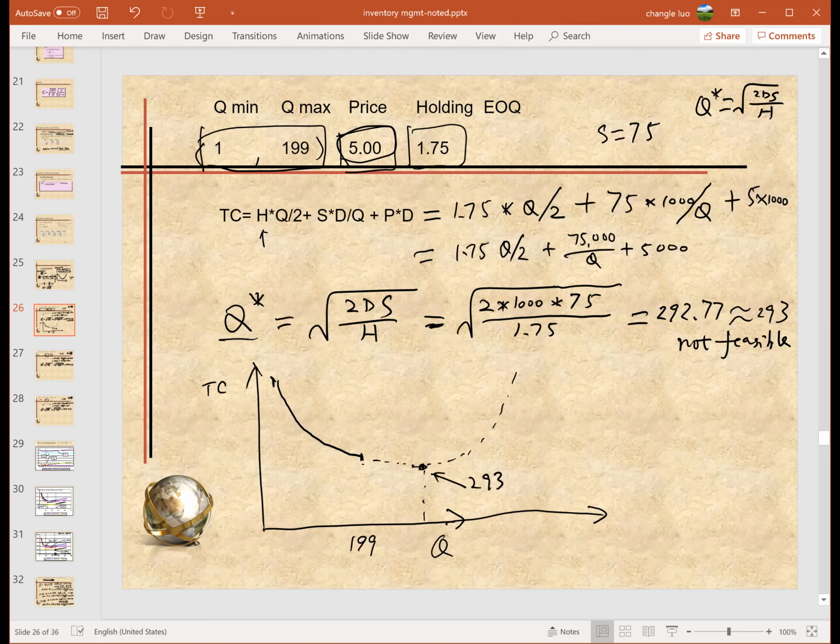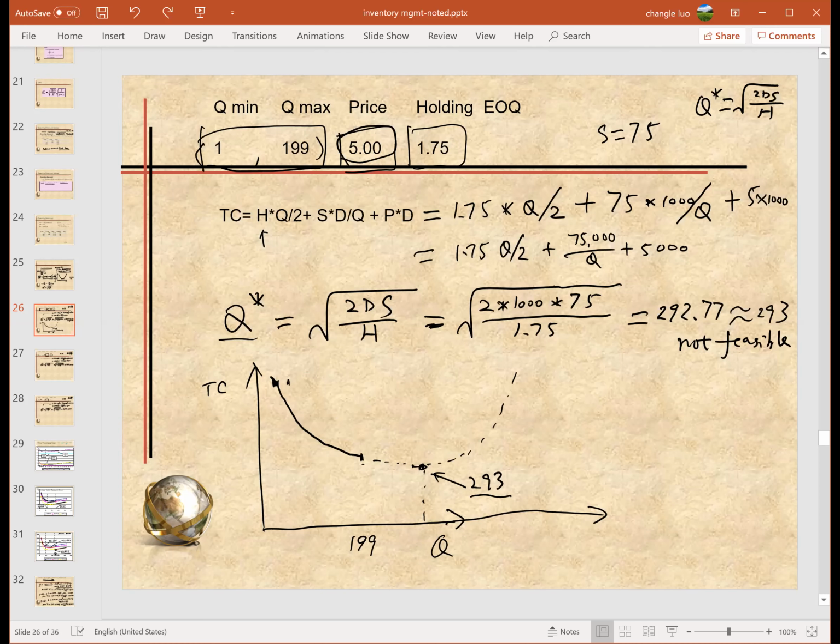So for our total cost here, we can observe by looking at the line that before 293 units, the cost keeps decreasing when Q increases.